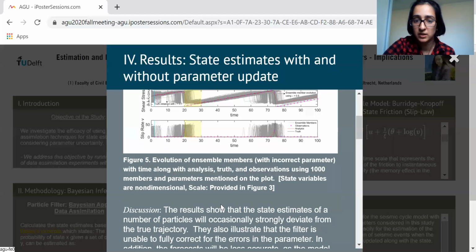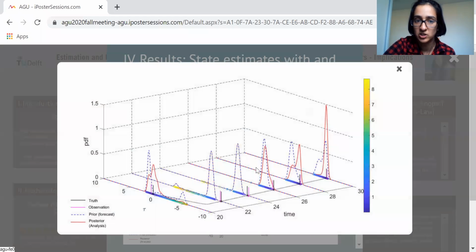Now, if you see the posterior distribution function for the shear stress state, you can see that at certain time epochs, 22 and 24, the observations are away from the particles. So the particles are not able to capture these observations because of an incorrect value of epsilon in the model.